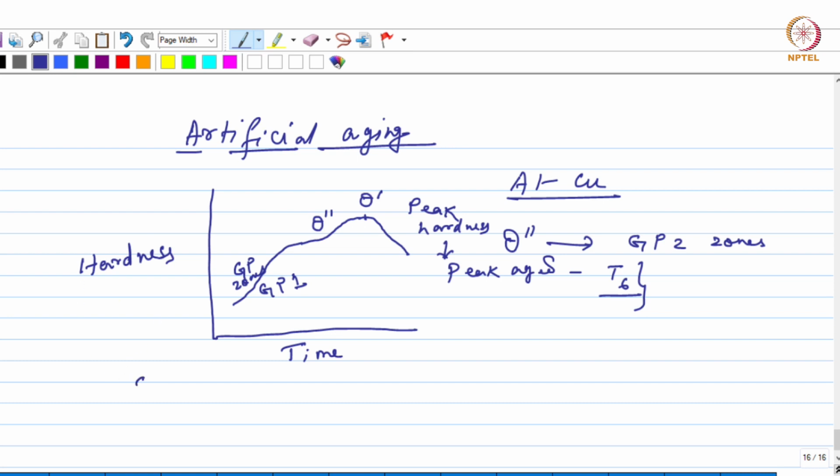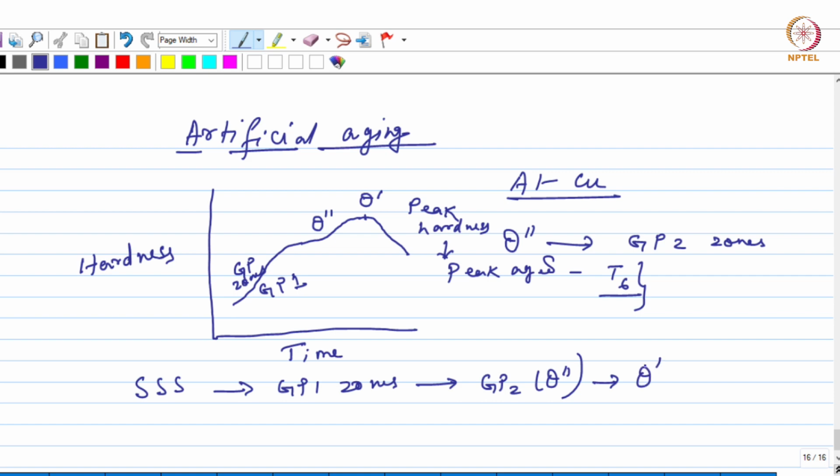You start with the supersaturated solid solution, which is obtained after the quenching operation, and then as you age it, first the GP1 zones will form, followed by the GP2 or theta double prime, and then the precipitate theta prime forms.